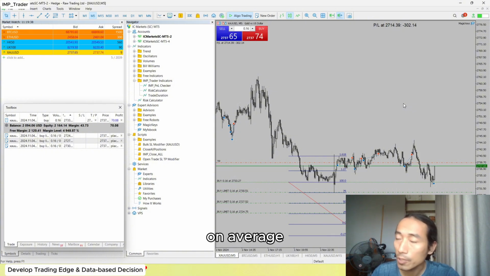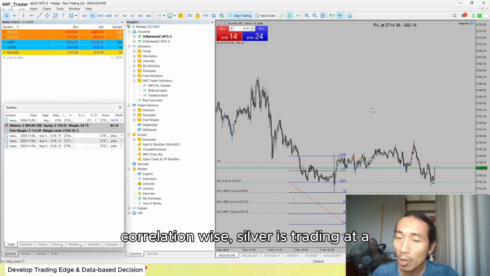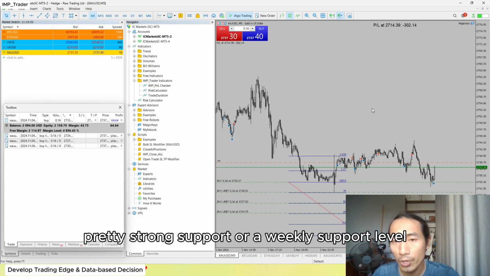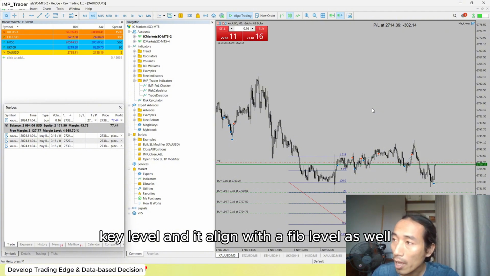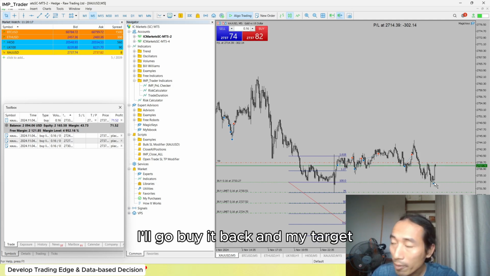On average, I will only trade after ATR hits a certain level, and correlation-wise, silver is trading at a pretty strong support level, a key level, and it aligns with a fib level as well. So when price is at the bottom of the ATR range, I will buy it back.